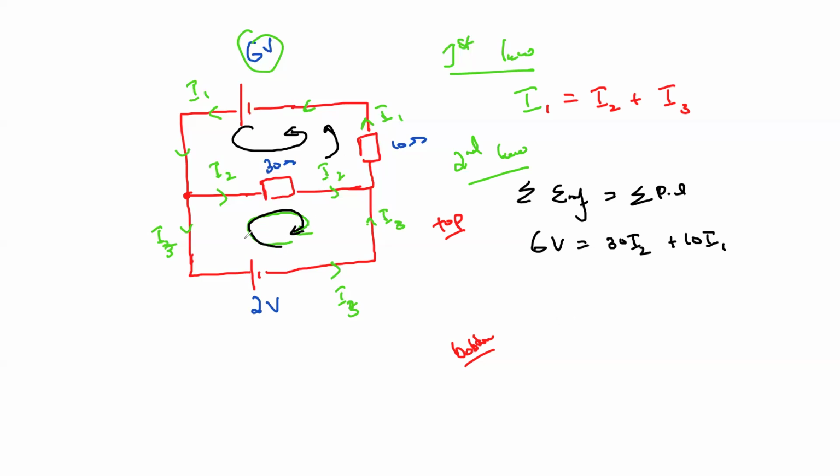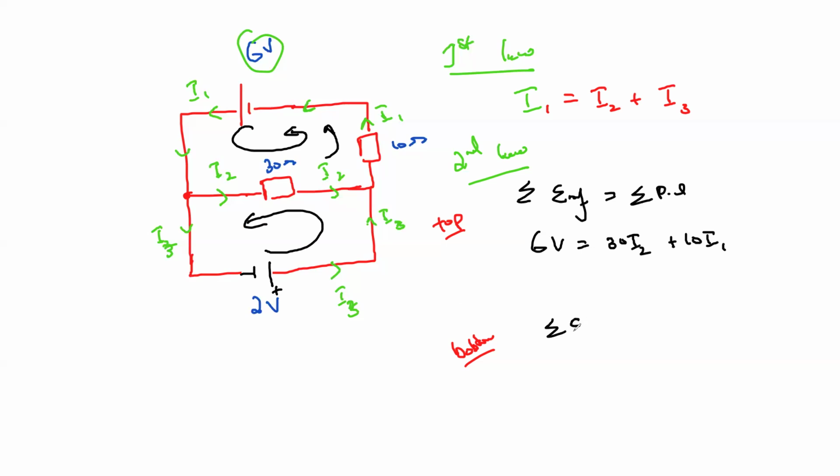If I change the direction of this terminal, it will be understandable. So this is positive and this is negative. So we took a direction of flow in this way. Now we are taking a direction of flow in the opposite way to the direction of the current we assumed.